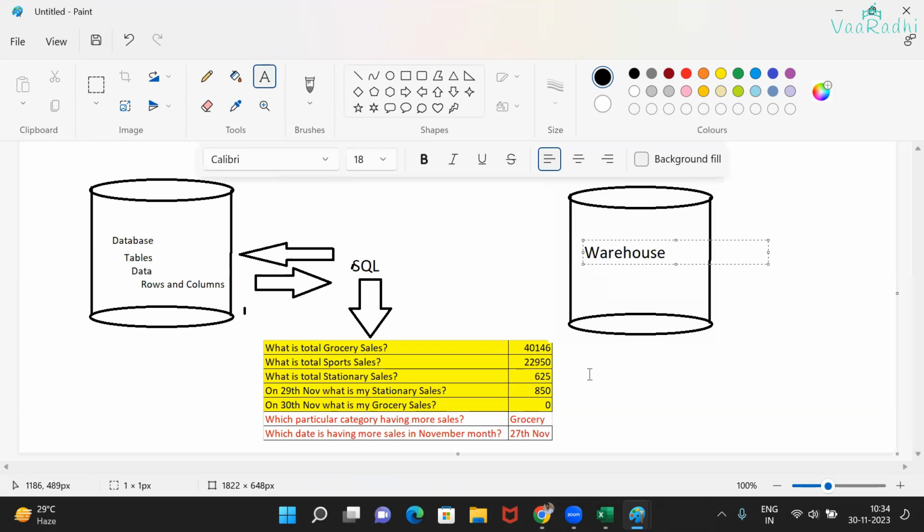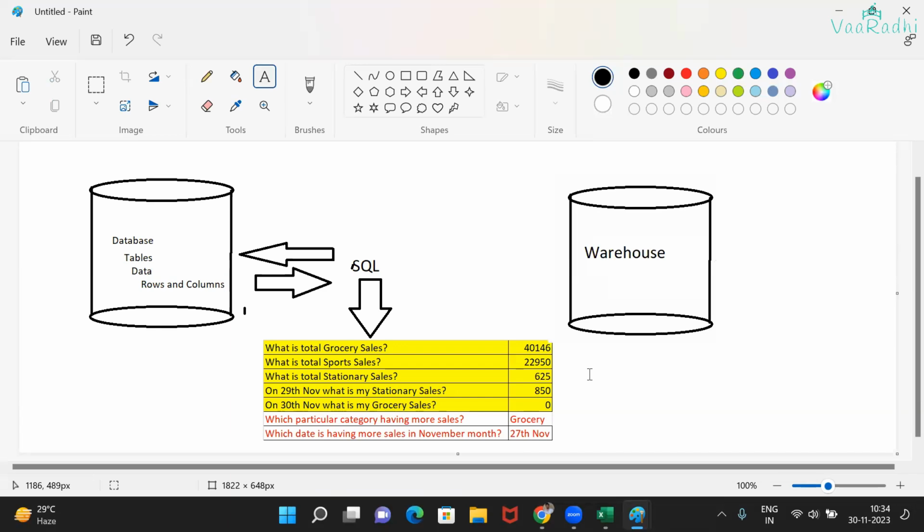If you have a retail shop, you will not keep all the stock inside your store because you have limited space in a shop located in a center where rents are very high. You'll maintain your godown in an old home far away. Whenever you need stock, you'll bring it and keep it in your shop. True or not, guys? So the same way, a warehouse exactly won't suit the definition, but it is like that.